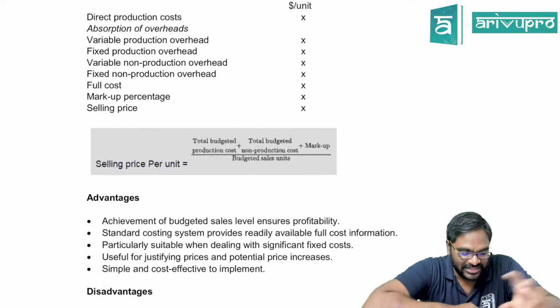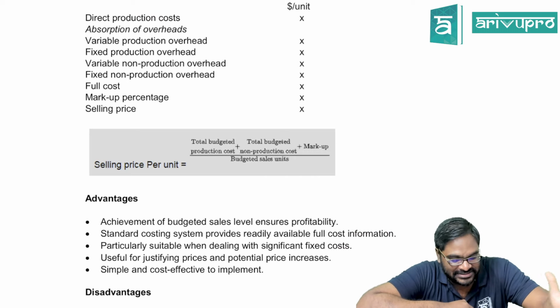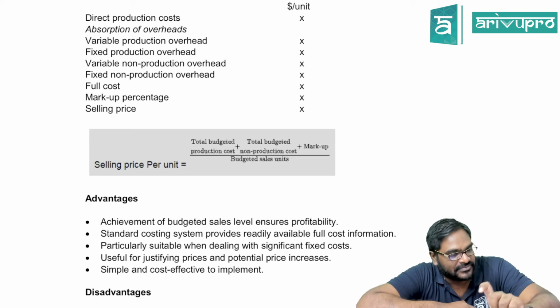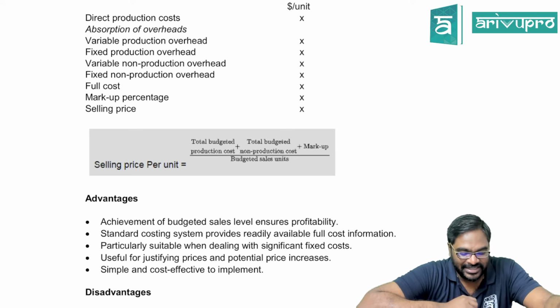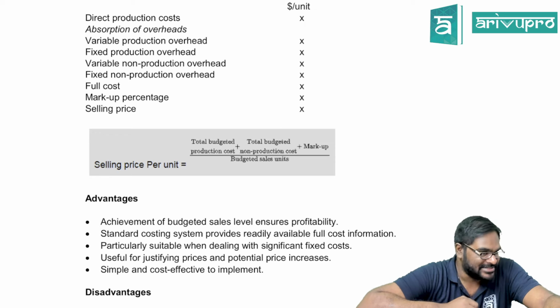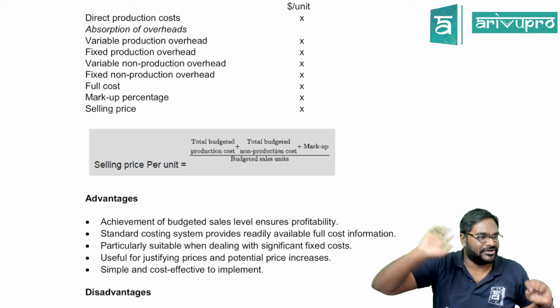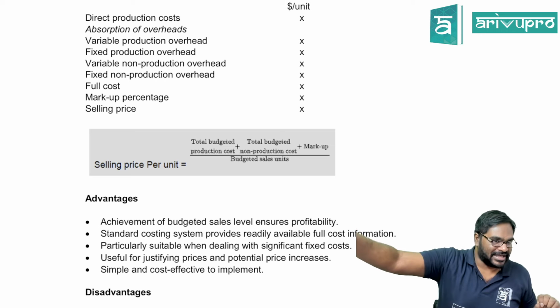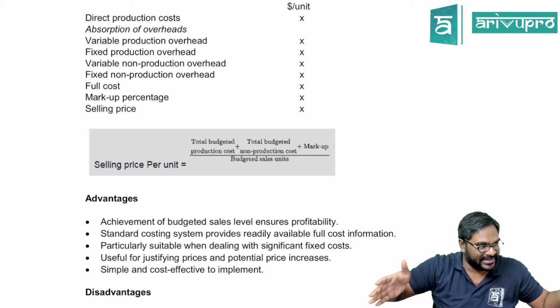So we have a small formula here. Total budgeted production cost plus total budgeted non-production cost plus markup will be your total sales. That divided by the budgeted number of units would be your unit sales price. So basically the production cost and non-production cost plus the markup would be your total revenue that you are expecting.